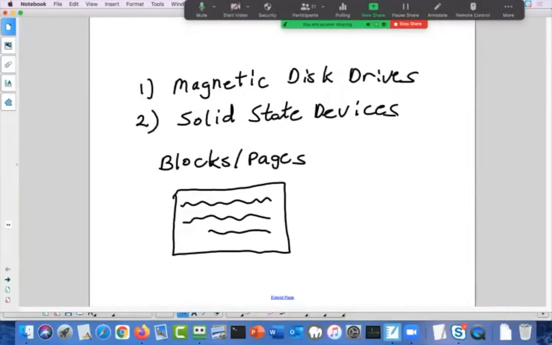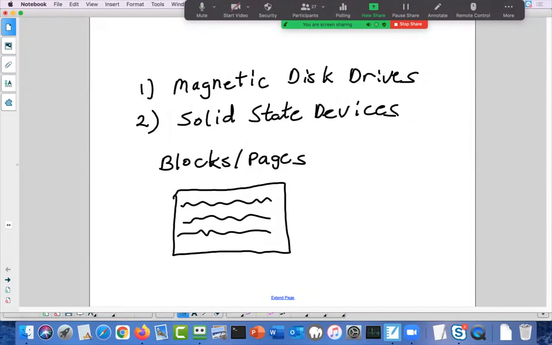And we are going to assume that it's rows that get stored in the blocks rather than stored by columns. So we're assuming row oriented, and we have some number of rows in a block or a page. And when we read from a disk or from a solid state device, we read a block. So we actually end up getting more than one tuple. We end up with several tuples that we get.